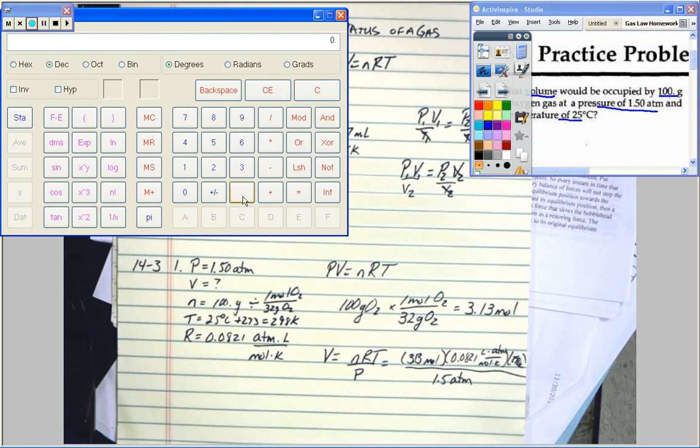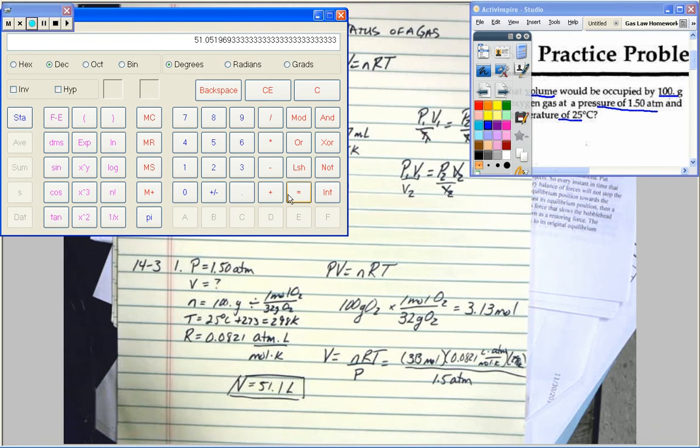And we get 3.13 times 0.0821 times 298 divided by 1.5, and that equals, okay, volume equals 51.1. That should be liters.